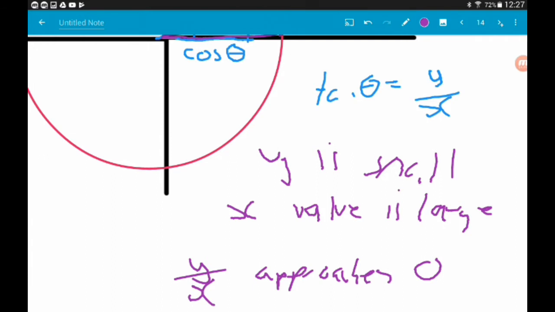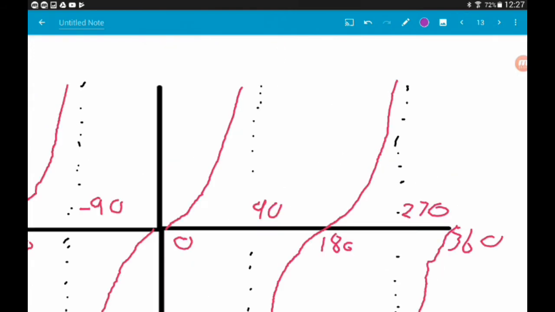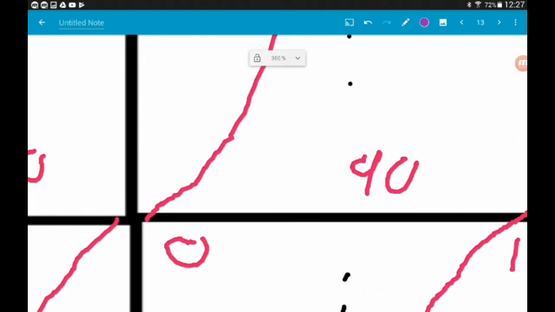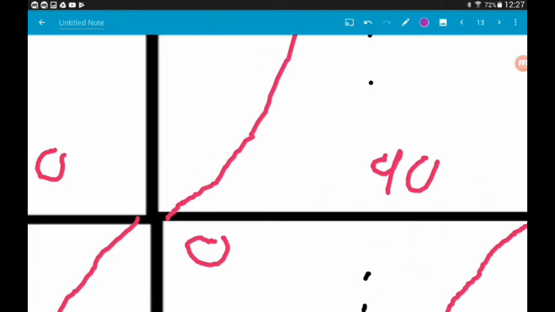Again, because the y value is going to get really small, but the x value is getting bigger and bigger and bigger. So that is going to result in a really small number. So that's why, towards our value of 0 on the x-axis, the graph sort of speeds up towards 0.